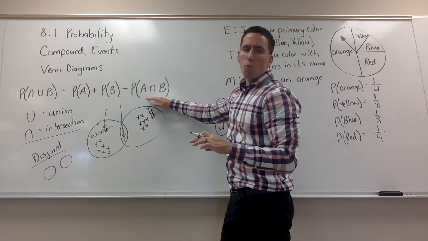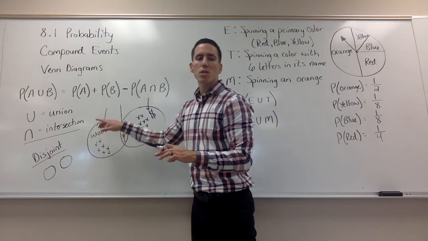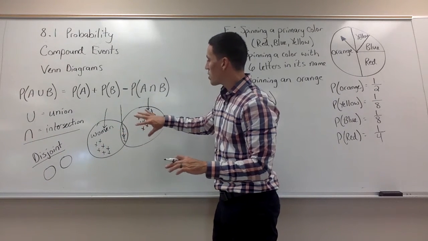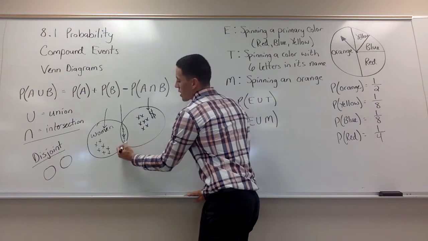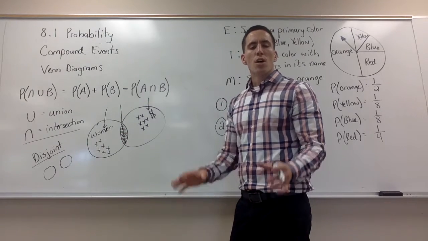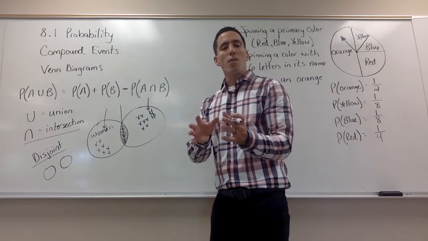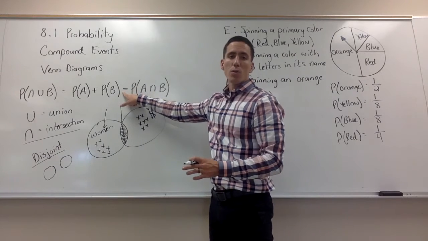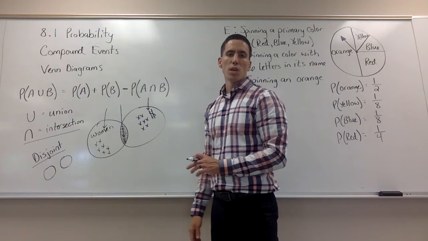The reason behind why we do that is if you think about calculating the probability that a person is a woman, and then the probability that a person is a millionaire, in both of those calculations, you have counted all of these people in the middle, in the intersection. So in a way, you've double counted those people, and in order to account for that, we are going to subtract out the probability that someone is in the intersection of those two things.